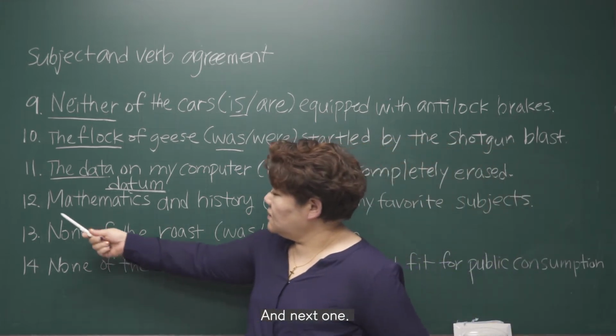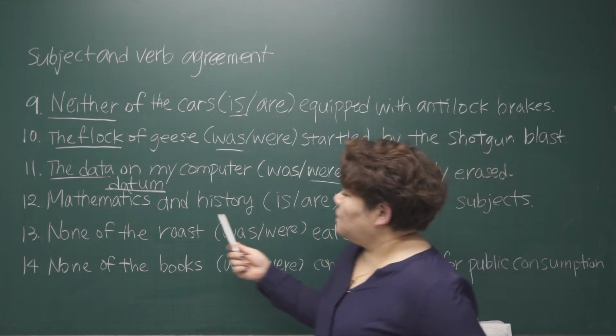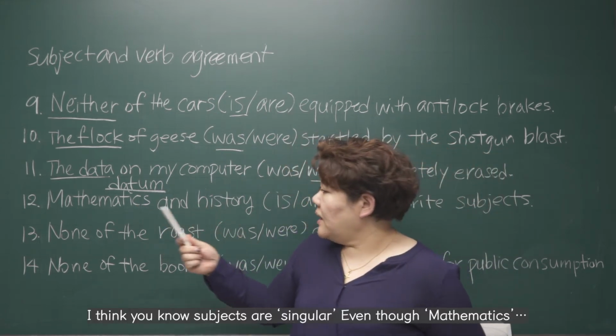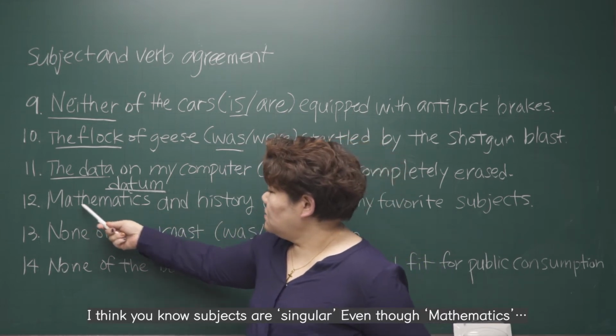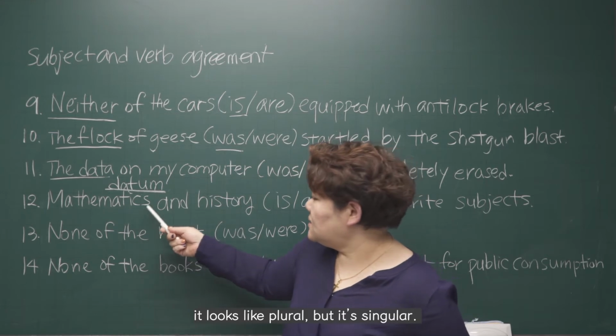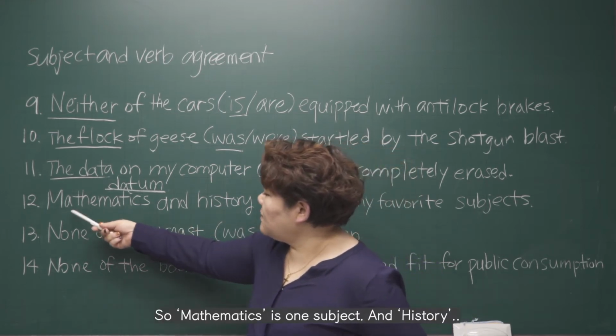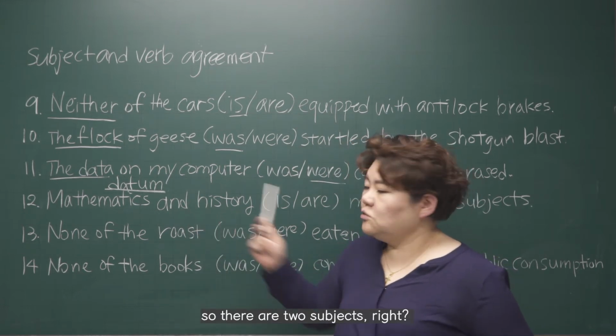And next one, mathematics and history. Okay, so I think you know that a school subject is singular, right? Even though mathematics looks like a plural, it's singular. So mathematics is one subject, and with history, there are two subjects, right?